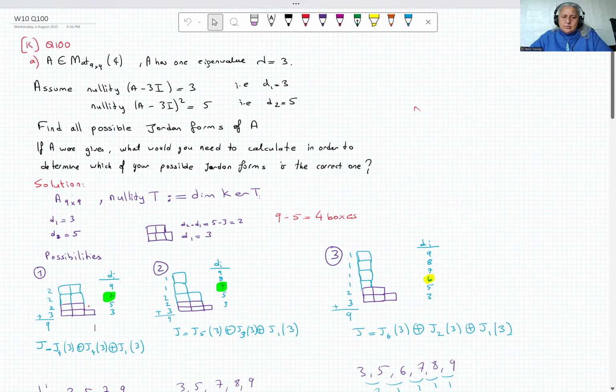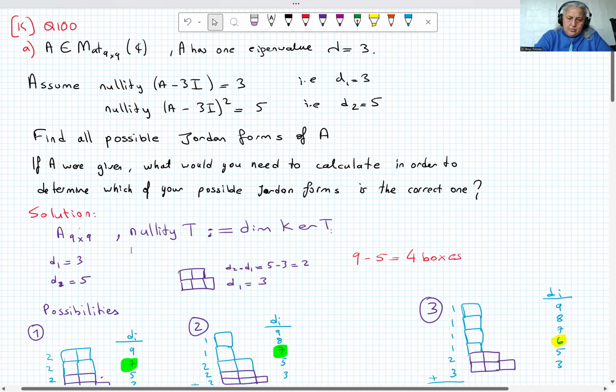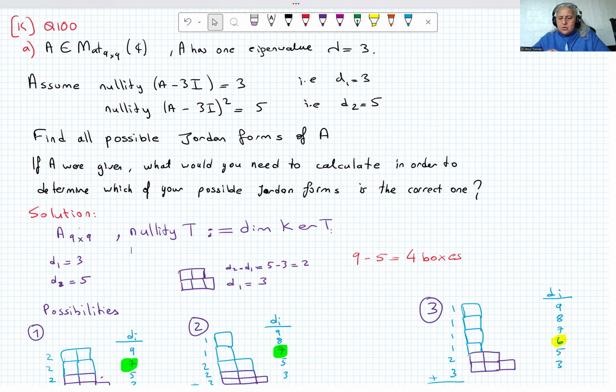It makes it very easy. If you have really large Jordan forms, just by looking at these rules on the dimensions of the generalized spaces, we will be able to work out so much information about the Jordan forms of the matrix. So this is what it's all about.